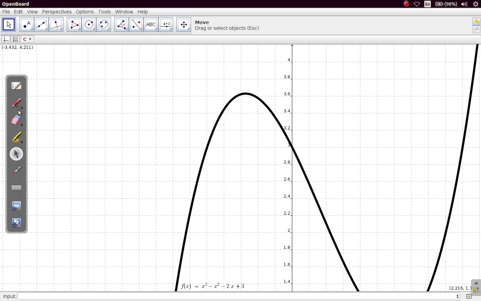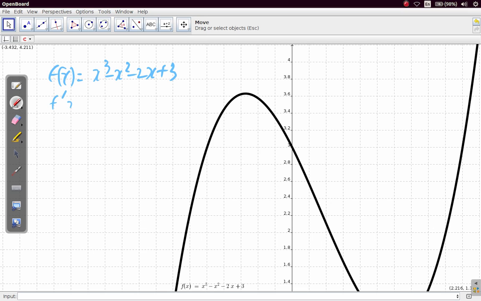Let's consider the function f of x equals x cubed minus x squared minus 2x plus 3.